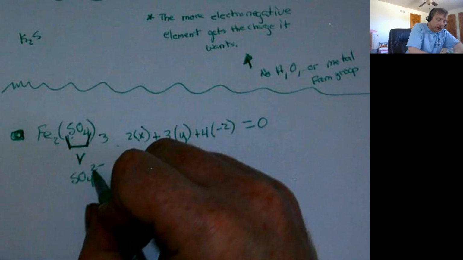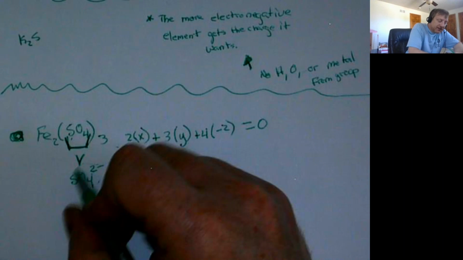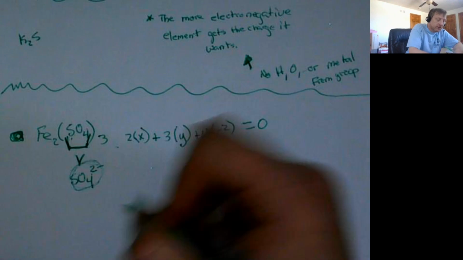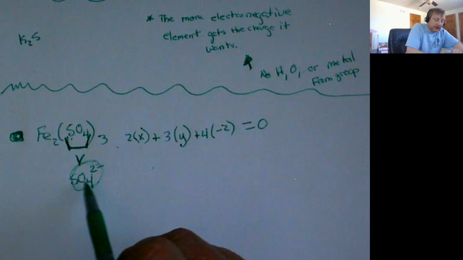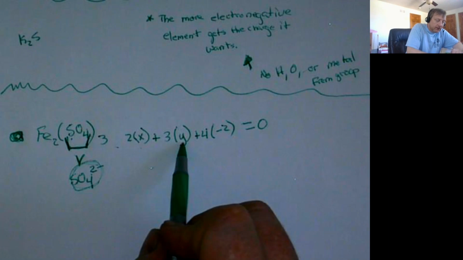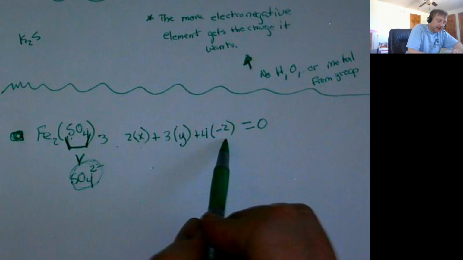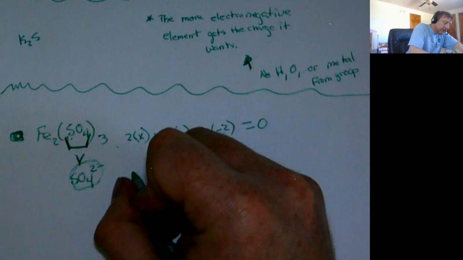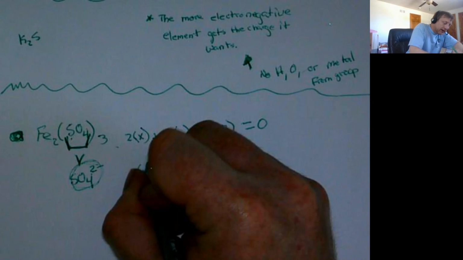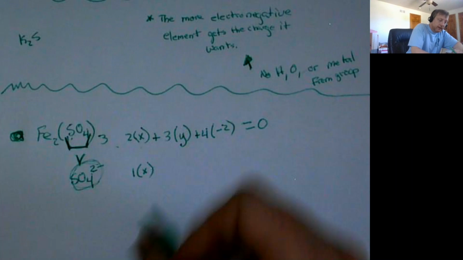Now I can look at just this piece and find the charge on the sulfur, because for this piece I only have 2 elements, and I know one of their charges. So I have 1 sulfur, which doesn't have a known charge.